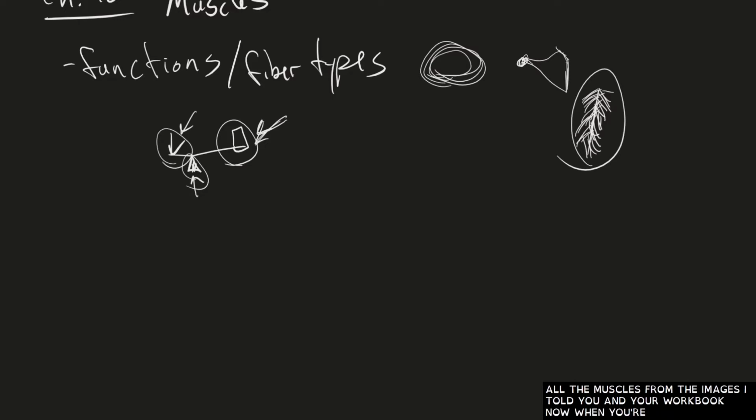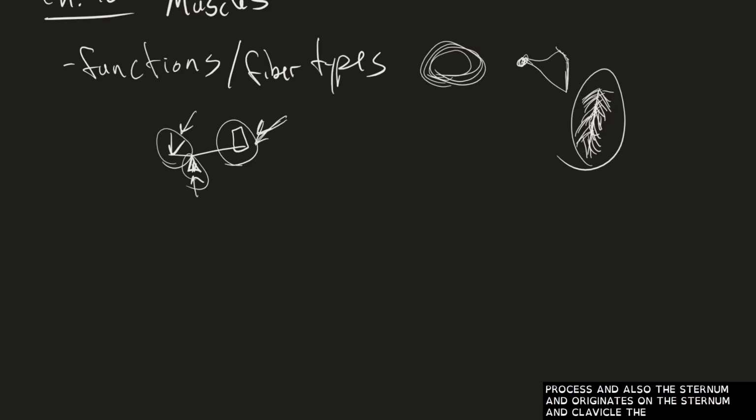Now, when you're trying to remember the muscles, remember the name of the muscle tells you a lot about the muscle. Triceps brachii means there are 3 origins, and it's in the brachial region. The sternocleidomastoid tells you it inserts on the mastoid process and originates on the sternum and the clavicle.